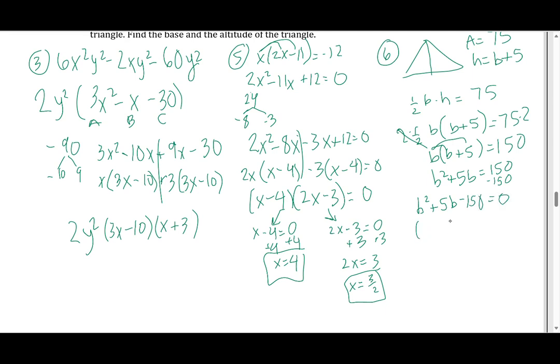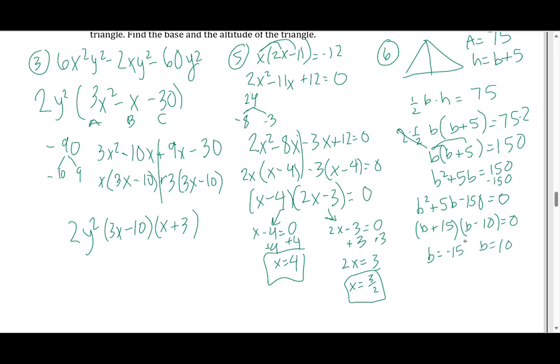Alright, let's go ahead and factor that. It's a slow trinomial, so we just need numbers that multiply to be negative 150 and add up to be positive 5. So it's going to be (b plus 15)(b minus 10) equals 0. So again, we're going to set those equal to 0. We get b equals negative 15 or b equals 10.